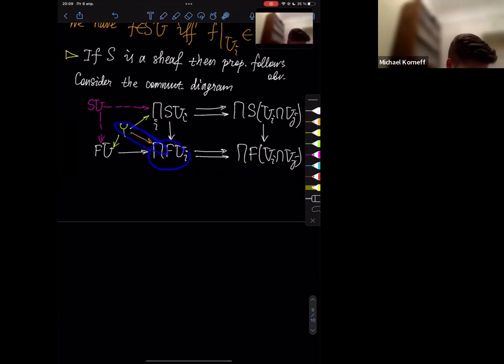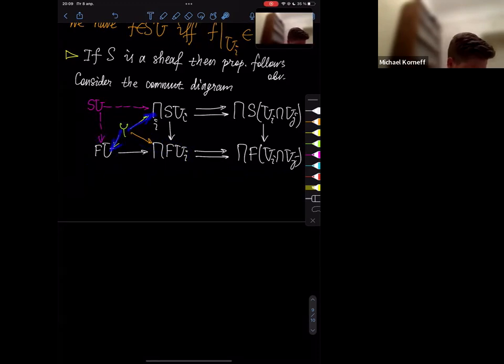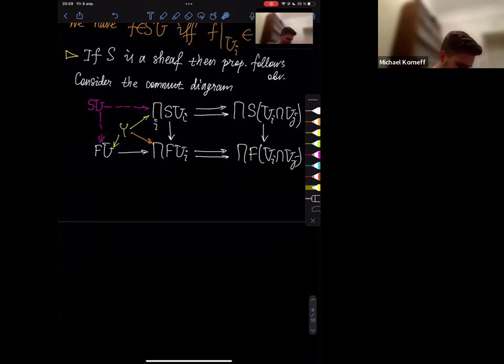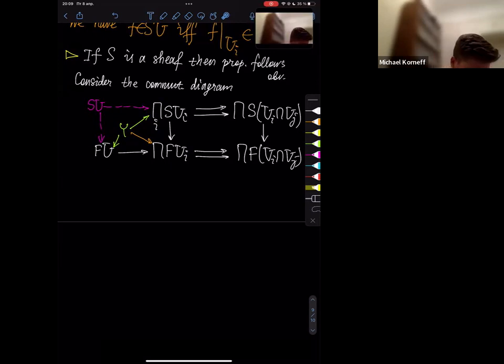This is a cone for this diagram, and we have another map, and thus we have a cone over this diagram, and from the universal property of the pullback, we have this arrow.